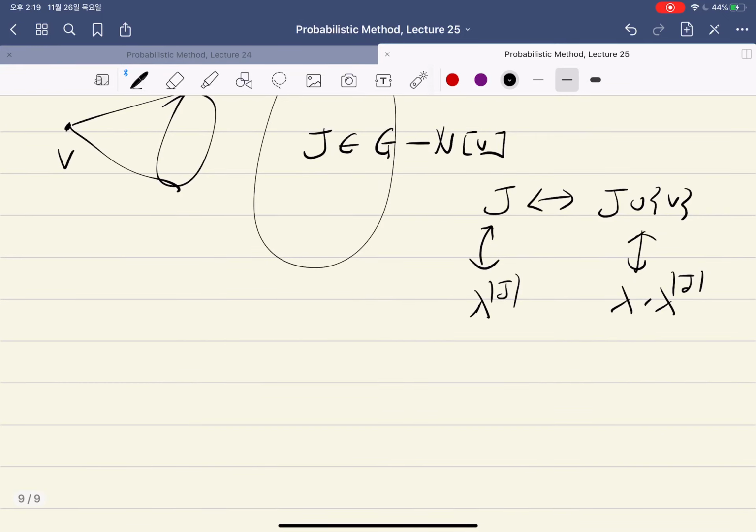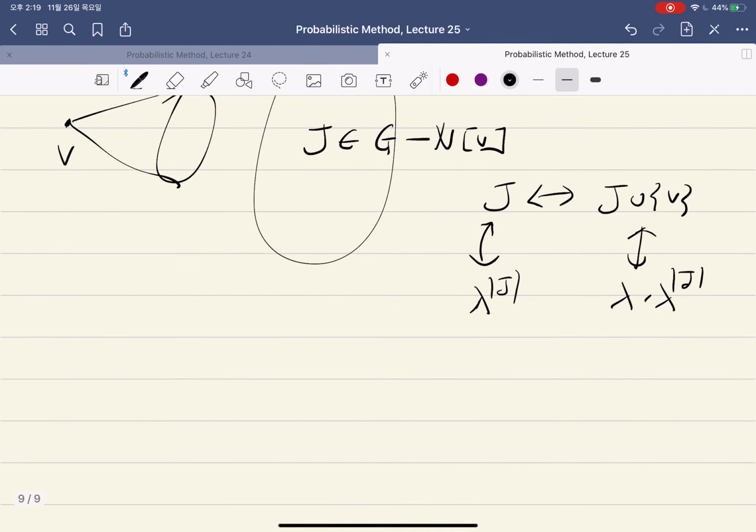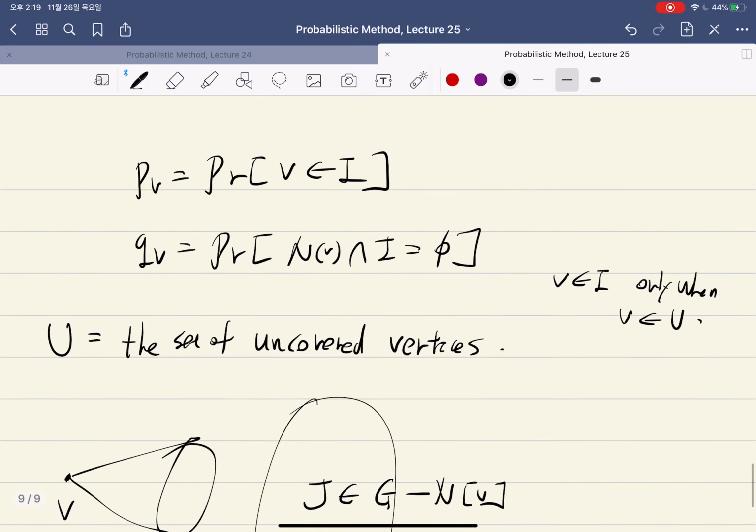And then what does this tell us? All the independent sets, assuming Q_B happens. Because in order for P to happen, Q_B must happen, right?